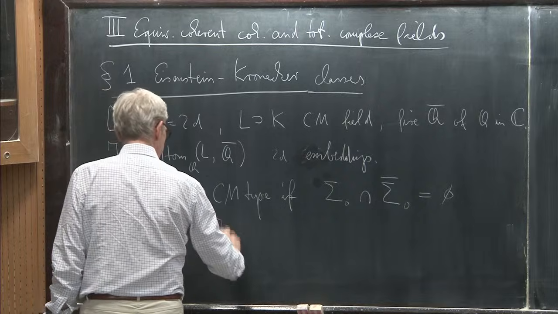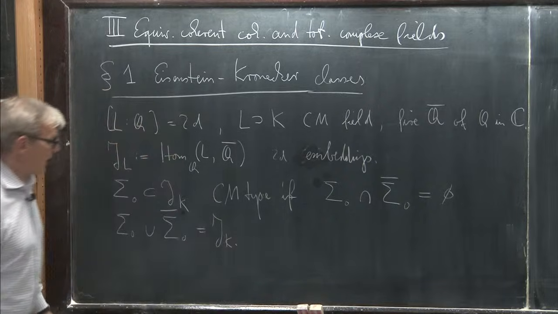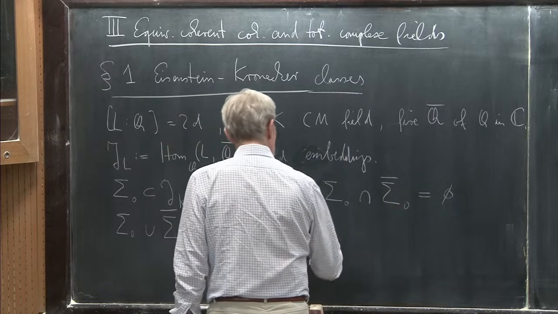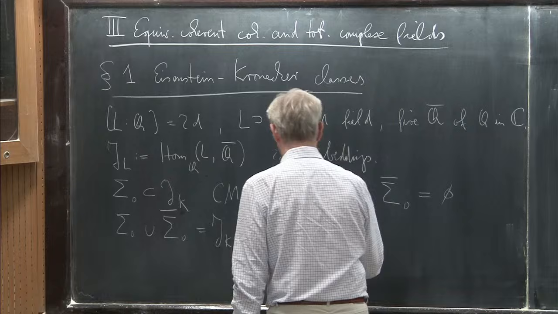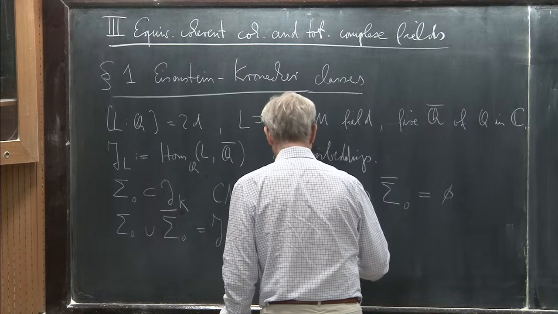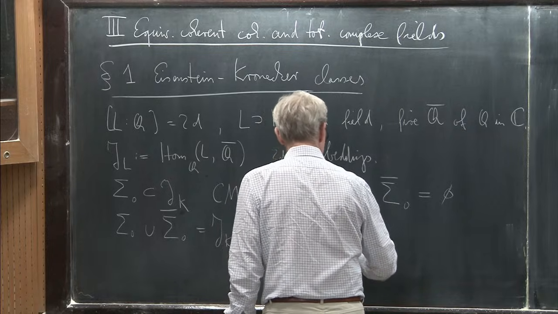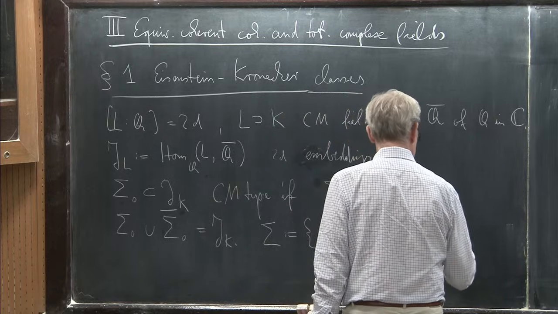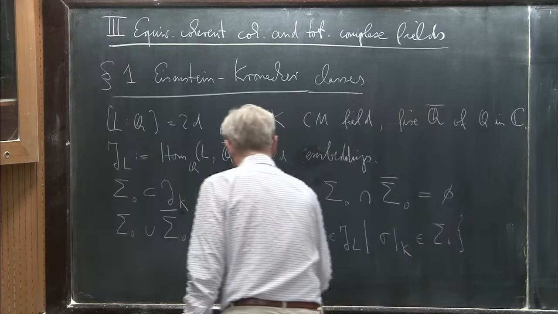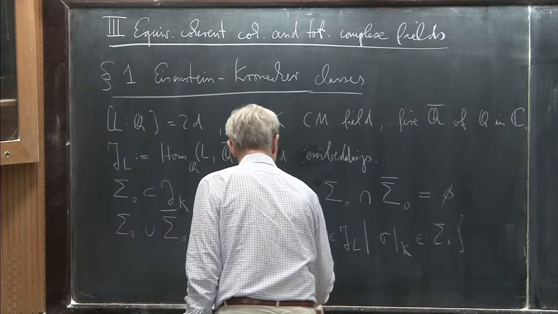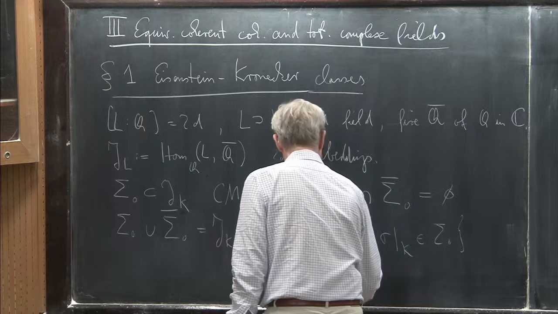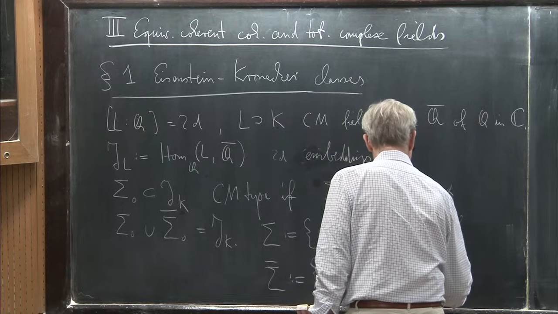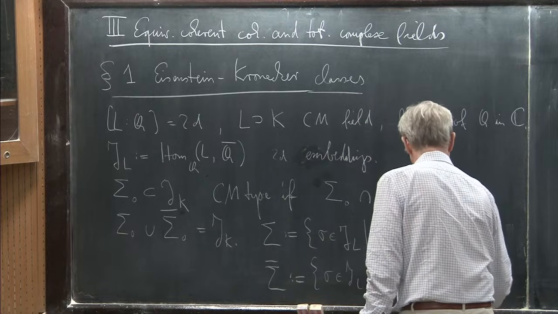And together, they should make up all embeddings of J_K. And starting from this, I define then sigma. These are the embeddings sigma in J_L such that sigma restricted to K is in sigma 0. And similarly, I take sigma bar. This is the embeddings such that sigma restricted to K is in sigma 0 bar.